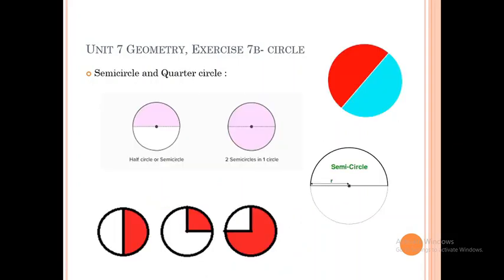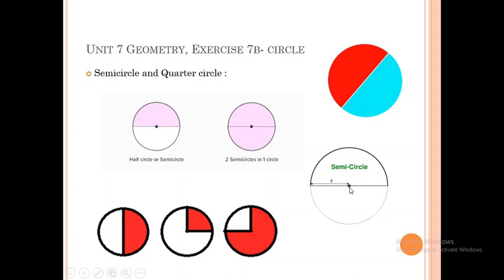Now another term that is given with the circle: a diameter divides a circle into two equal parts, two equal halves, and each half is called a semicircle. A semicircle or a half circle.